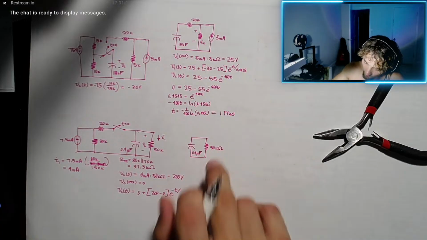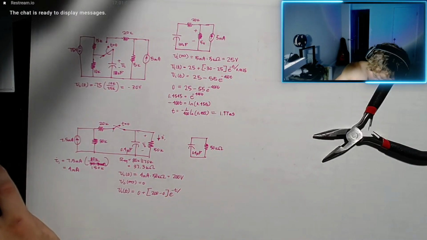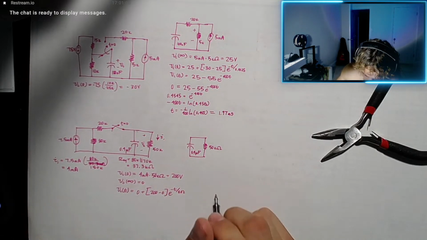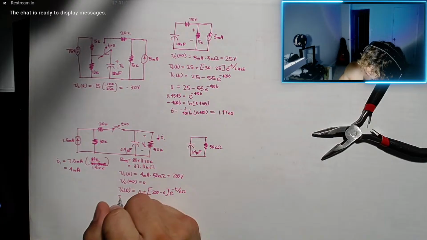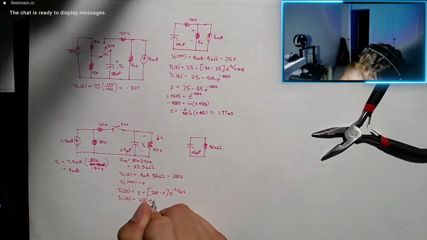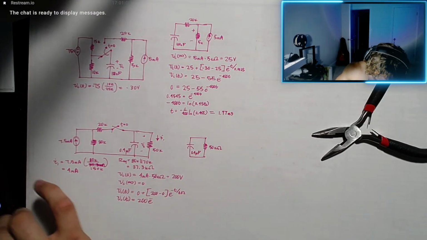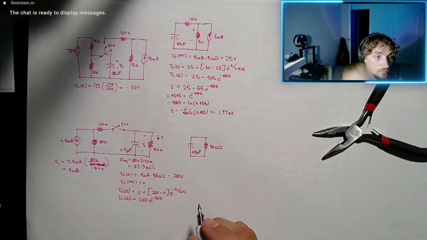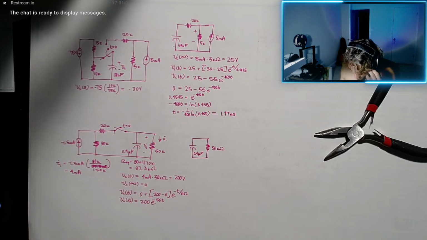RC is 0.4 microfarads times 50K, in milliseconds. That's the numerical expression for after the switch is opened. Yep, that's it.